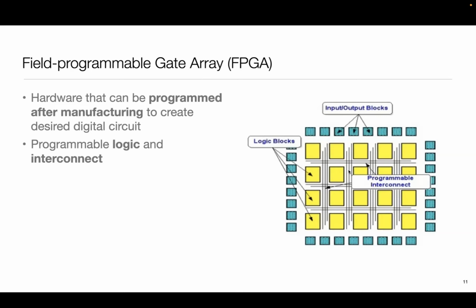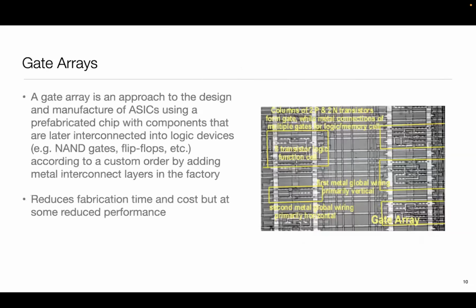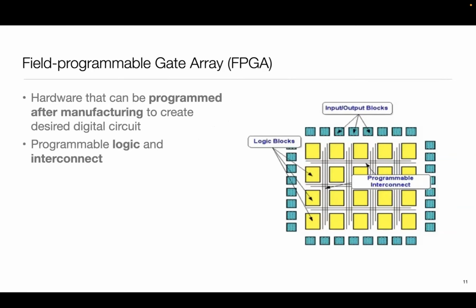But at selective places in the wiring, they have switches. Here, wiring is done, but at certain junction points they have little switches or fuses, which we can configure to connect these macro blocks, as they are often called, into a custom thing.